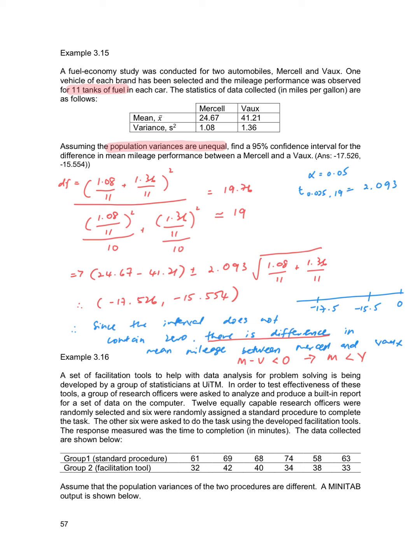Besides that, roughly, the x bar of Mersenne is clearly smaller than the mean for Vogt. But we need to confirm by calculating the confidence interval. So it was confirmed that the mean mileage of Mersenne is less than the mean mileage of Vogt.